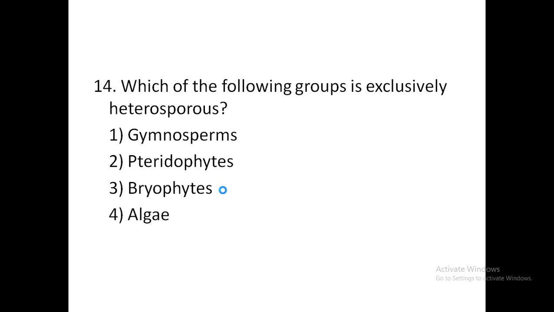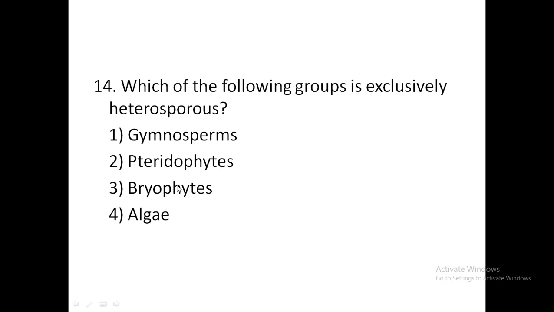Next question. Which of the following groups is exclusively heterosporous? It means there are no exceptions. All plants belonging to that group are completely heterosporous. That is, they produce two types of spores, megaspores and microspores. Algae and bryophytes are purely homosporous.